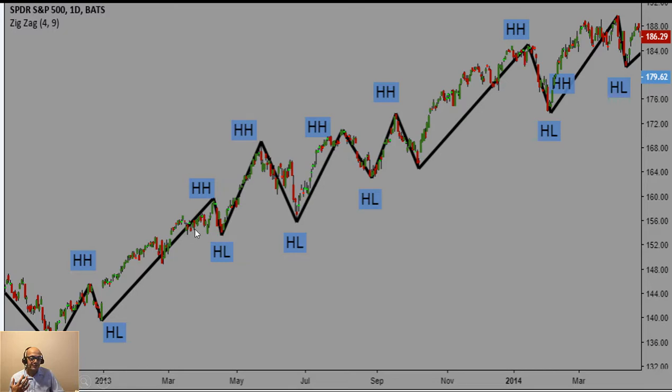I have taken this one because the higher low here was just deeper, and I just want to make sense. So you have a higher high, higher low, higher high, higher low, higher high, and still a higher low. It was a deep retracement, but still higher than the previous low, so I'm going to count it as a higher low.